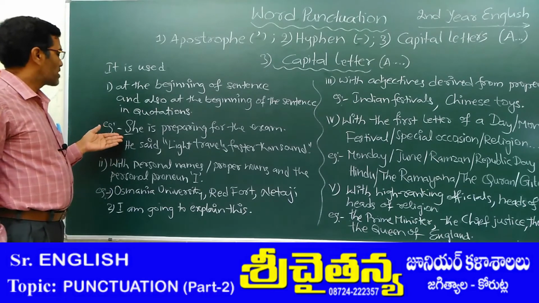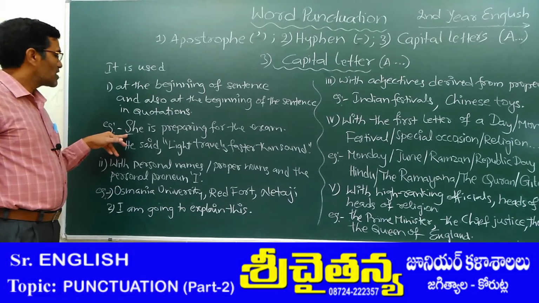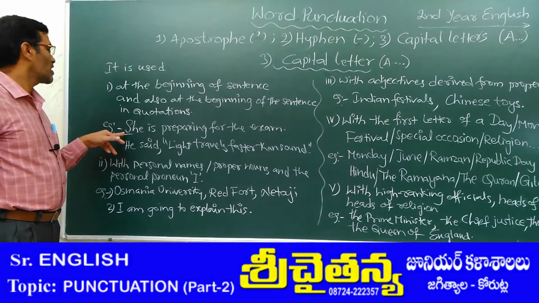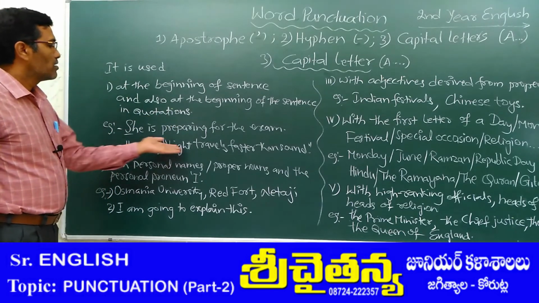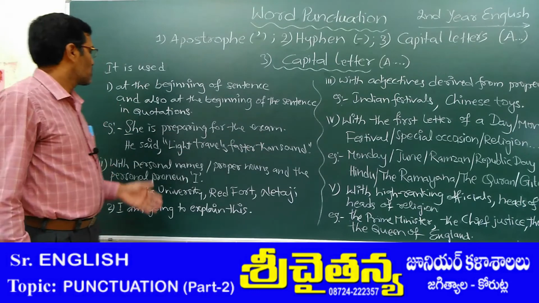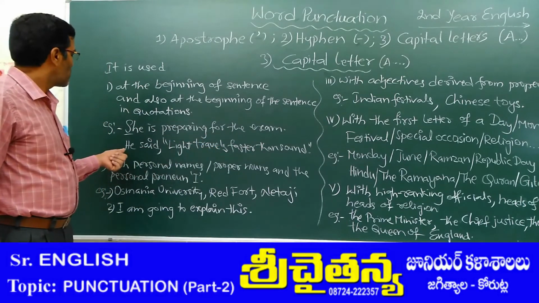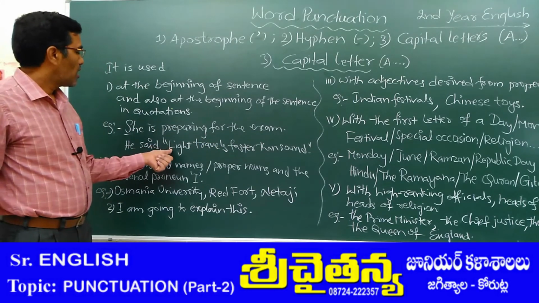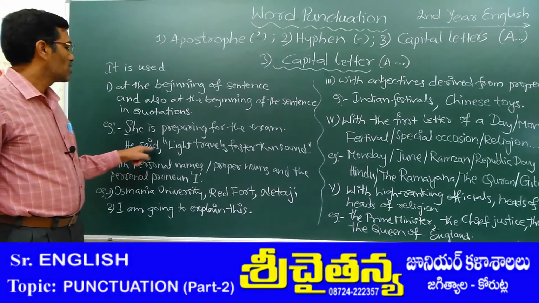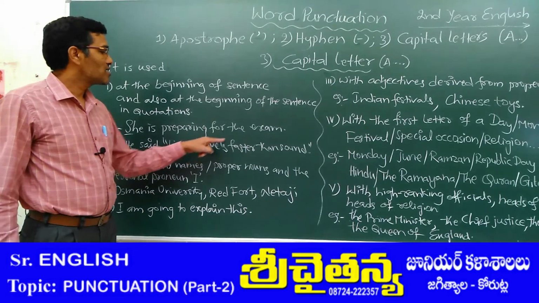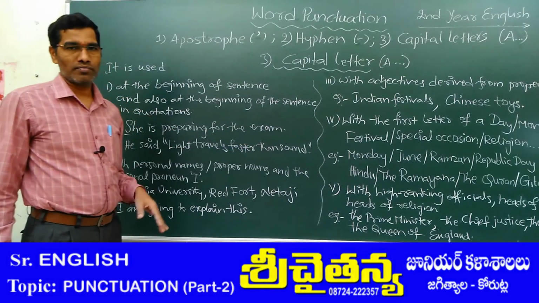Let us see example. The beginning of the sentence, yes is capital, right? She is preparing for the exam. Again, it is the quotation. Quotation that begin with capital letter, and the quotation itself begin with the capital letter, right? She said, "Light travels faster than sound."